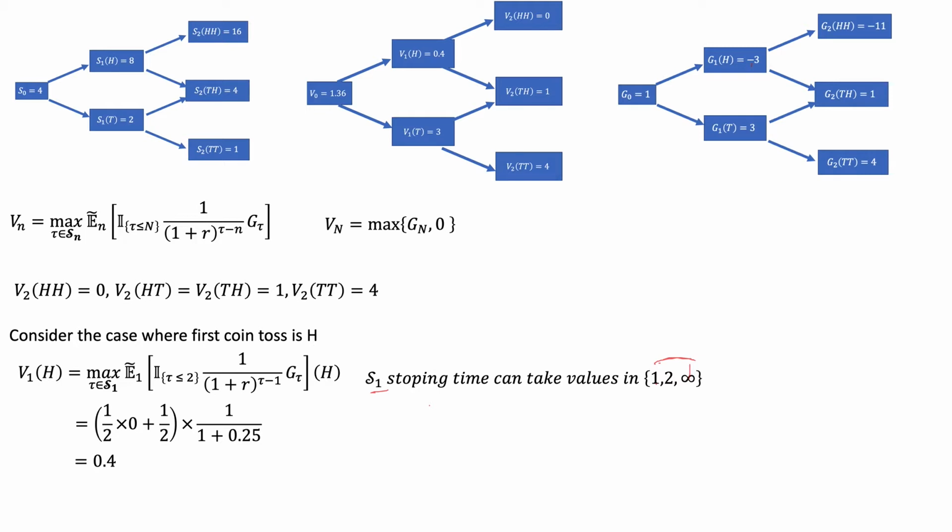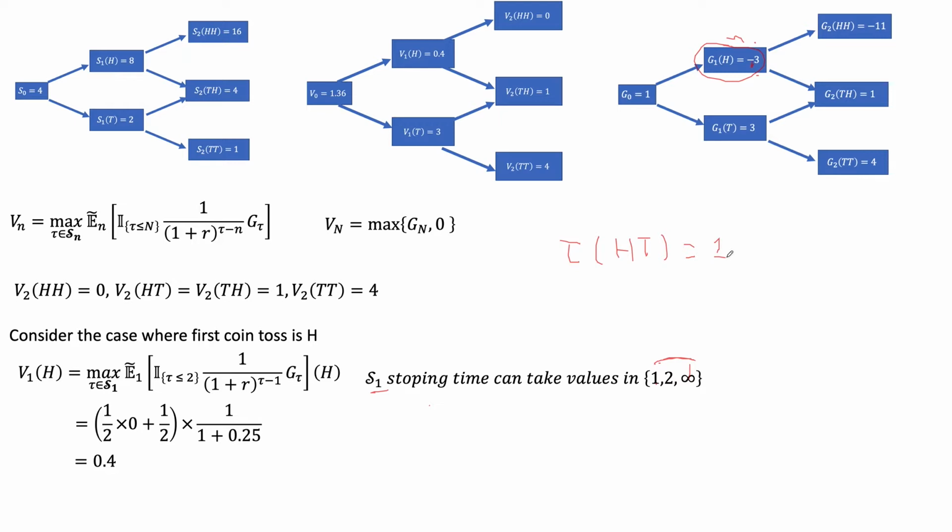If I'm at this node, where the first coin toss is a head and I'm standing here, I clearly don't want to exercise at time 1, right? So that means tau H, THT cannot be 1.